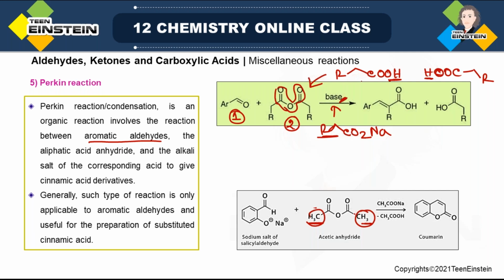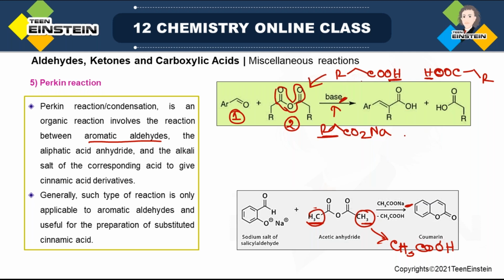So the anhydride is basically known as acetic anhydride, because the corresponding acid is CH3COOH, acetic acid. Now the base that we have taken is the same acid's sodium salt. So you have to take only the alkali metal salt of the corresponding acid.